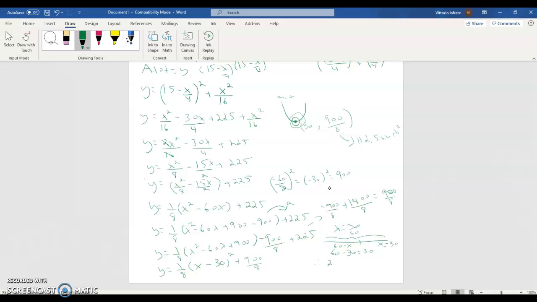Therefore, 2 segments of 30 would result in the smallest surface area.